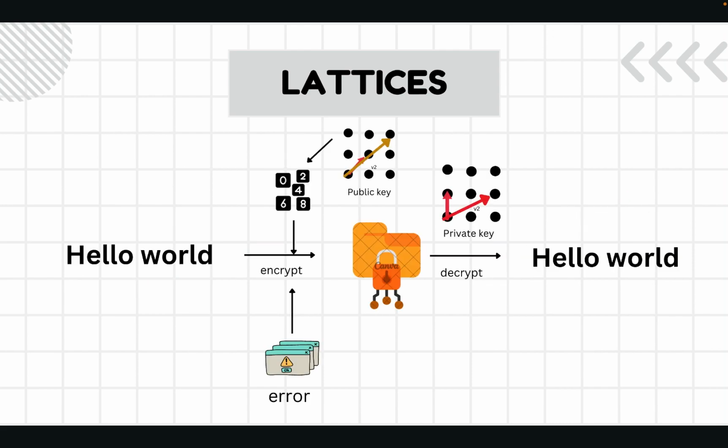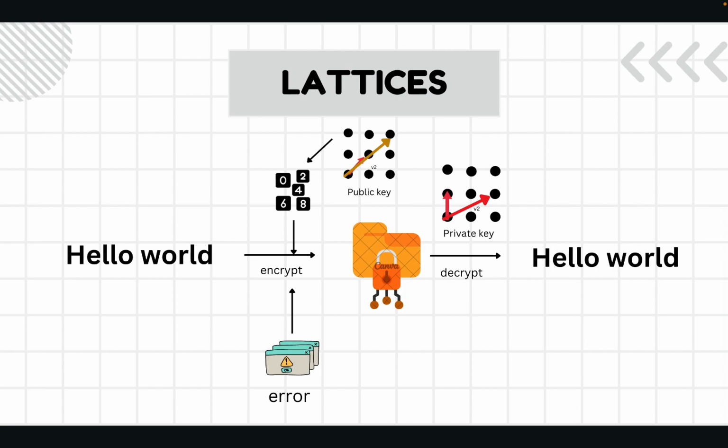So we see how the lattice space encrypts and decrypts the data. For the public key encryption on the left, you have the message, in this case hello world, which you want to encrypt using the public key.